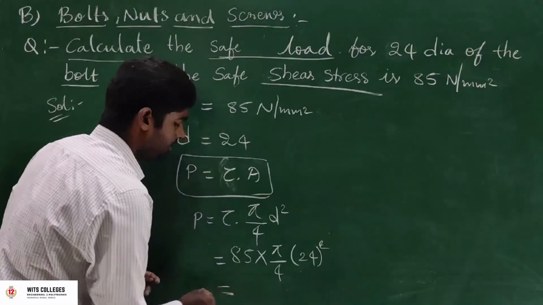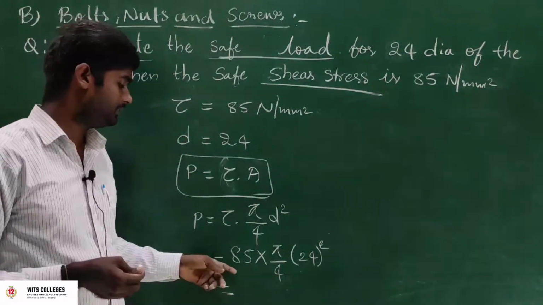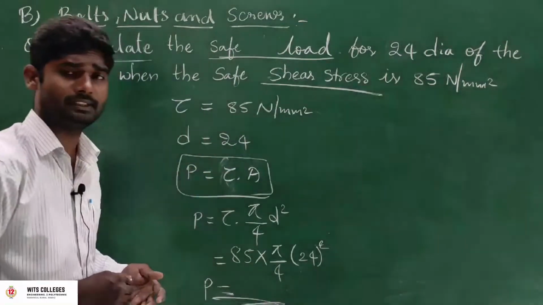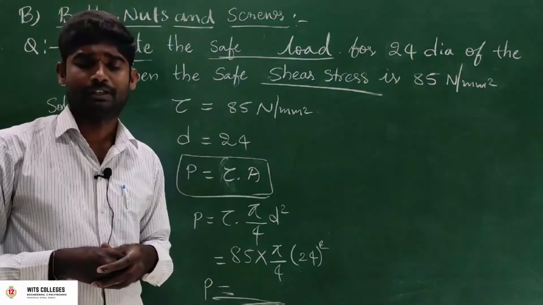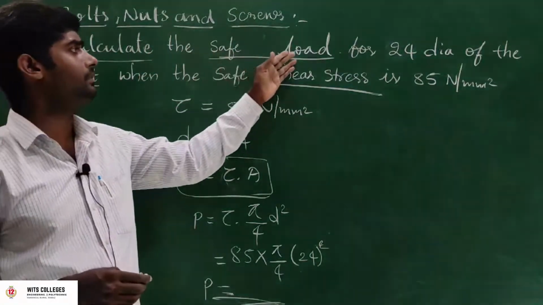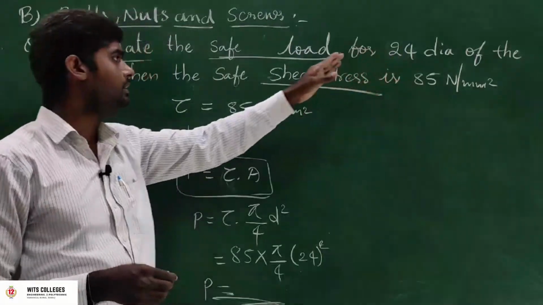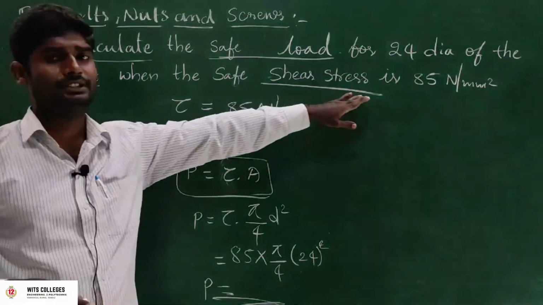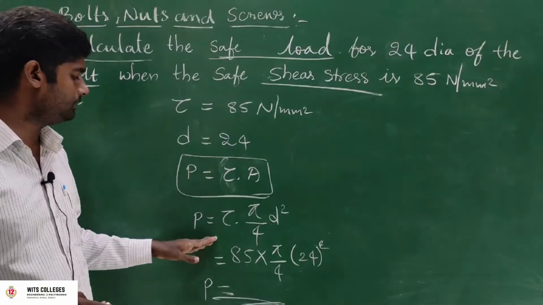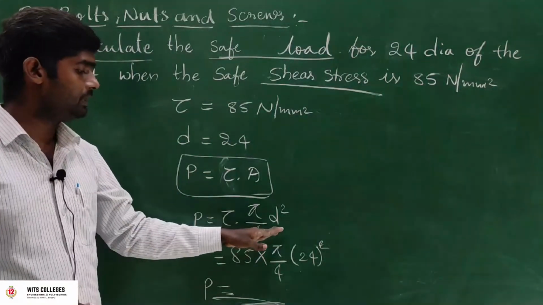All of you use your calculators and find out this P value, approximately. This is for our practice purpose. Calculate the safe load for a 24 diameter bolt when the safe shear stress is 85. The load formula is P is equal to tau into pi by 4 d square.